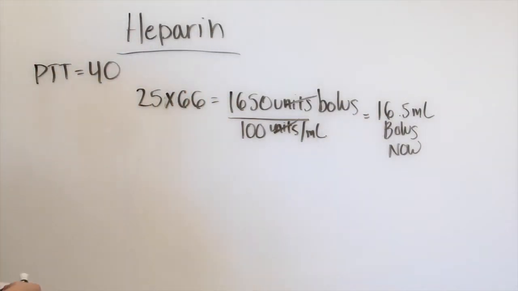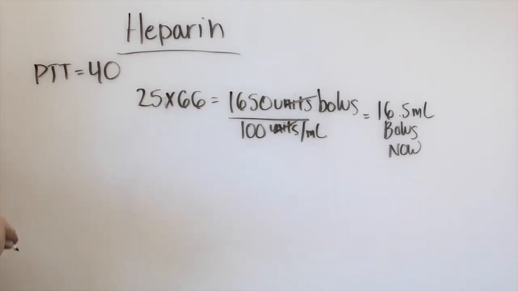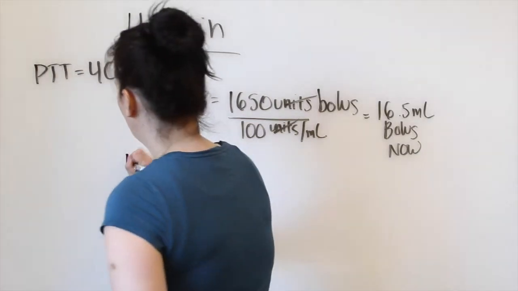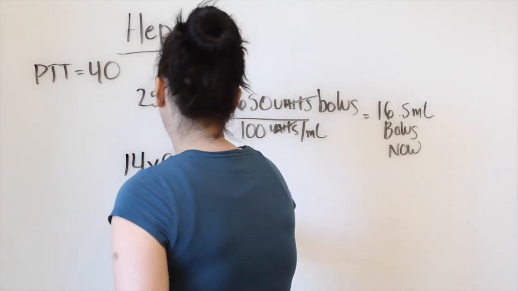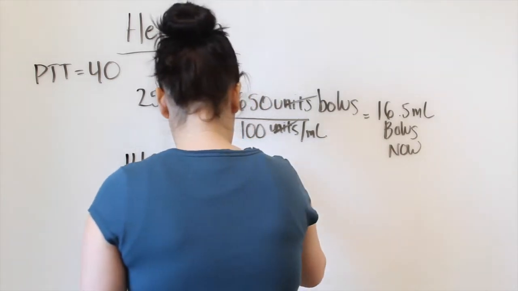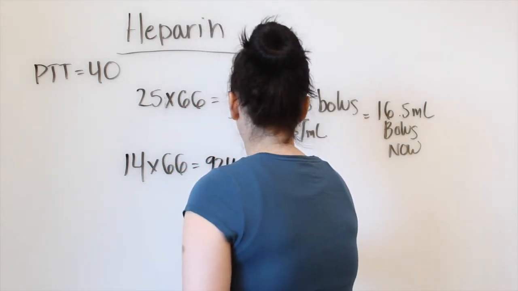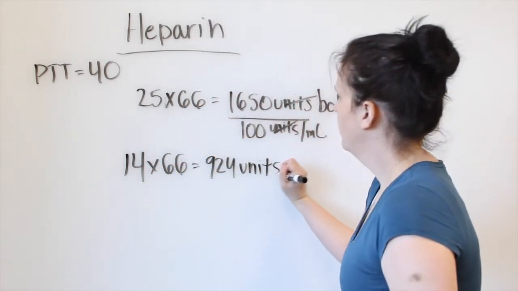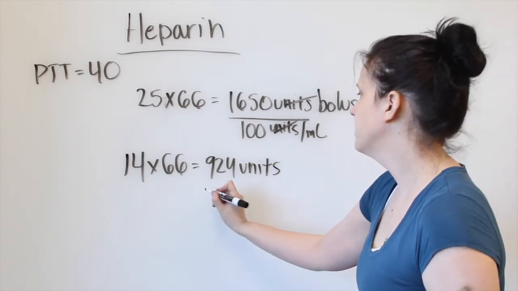And now we're just going to do the same thing as we did before and plug in the new hourly rate into our equation. So you remember before we were at 12, we're going to increase that by 2, so we're up to 14 now. So we get a total of 924 units as our new rate.